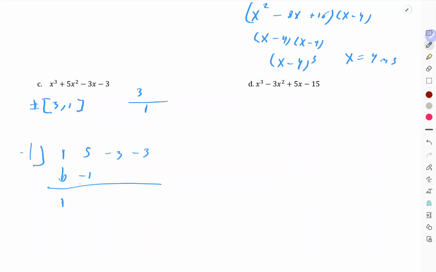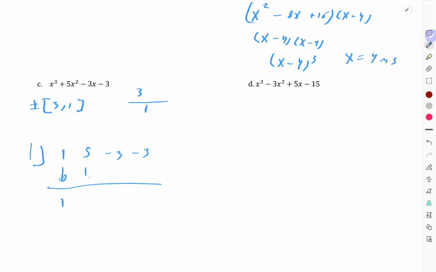And then you got the 4, and then negative 4. Negative 7, wait, this is positive 7. But that's not a factor. Oh, this is positive 1. Oh, my bad. Okay, one more time.